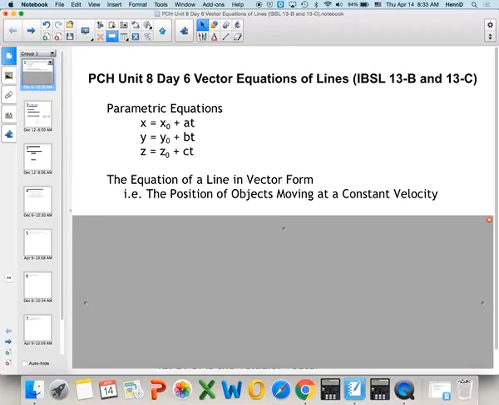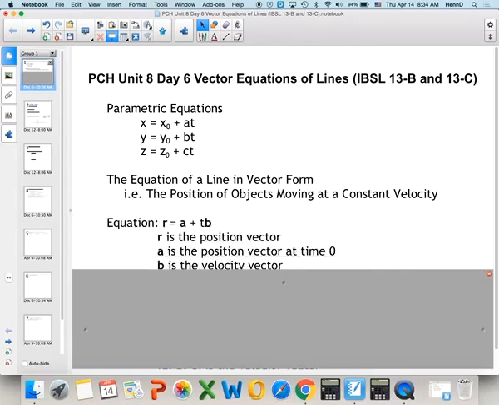Their horizontal velocity was constant, but their vertical velocity was changing because of gravity. Here we're going to be looking at things on a particular trajectory with just constant velocity. So let's look at, in general, what this equation looks like.